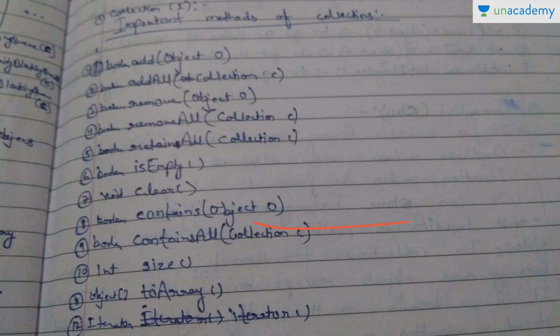Its return type is Object array, so it will return an object array. This method is usually used for converting a collection into an array. It will convert our collection object into an array object. And the next one is iterator.